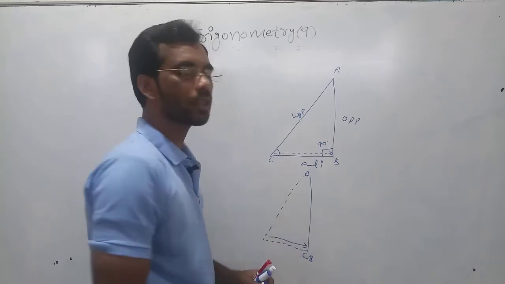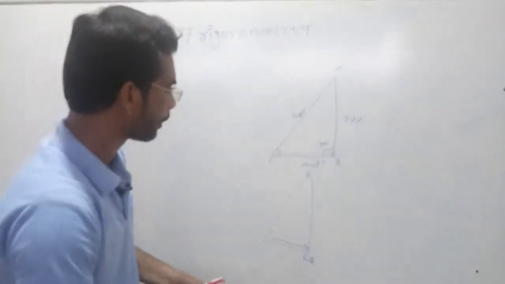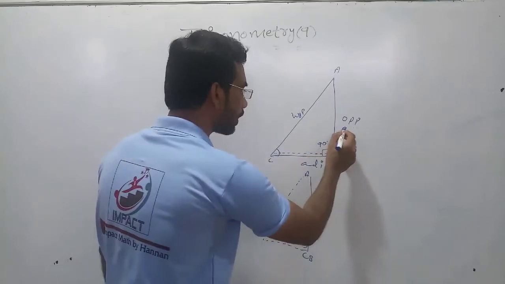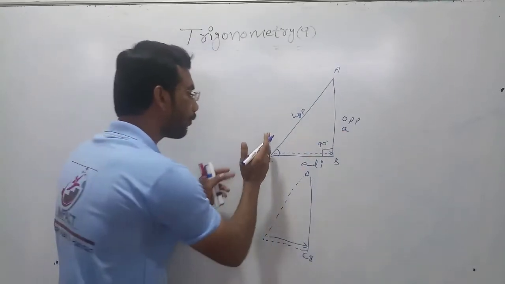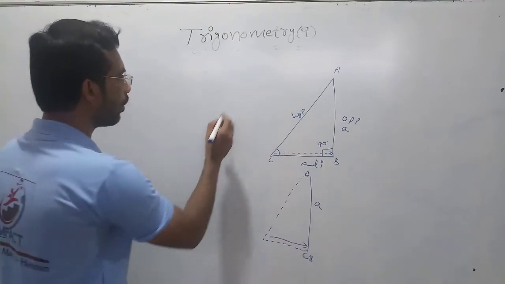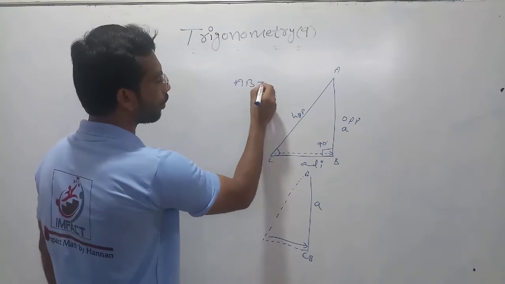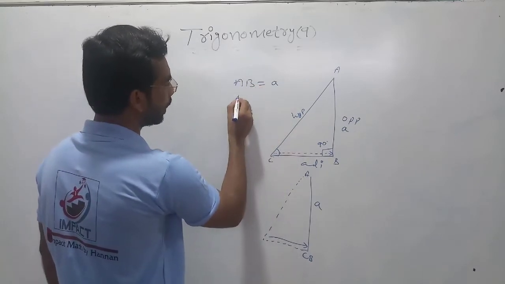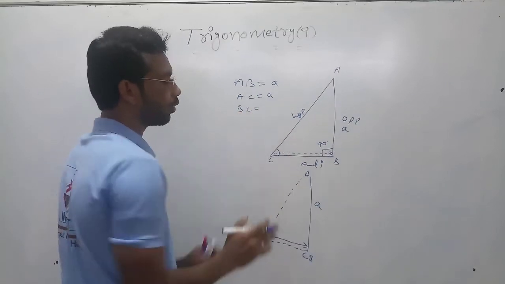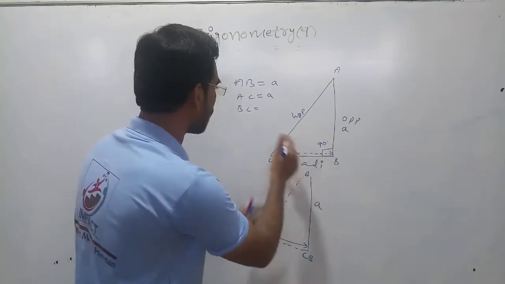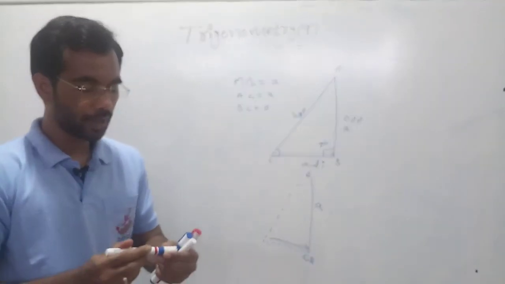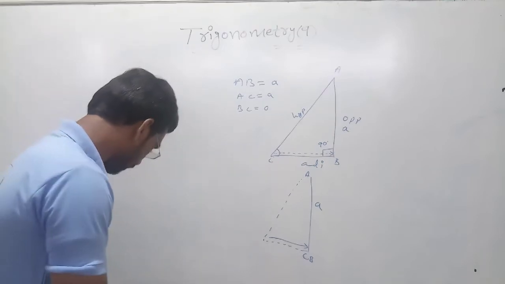If I take this as A, then when it is joining, it will also become A. So AB is equal to A and AC is equal to A, and BC, if it is joining, there will be no gap, so BC is equal to 0.